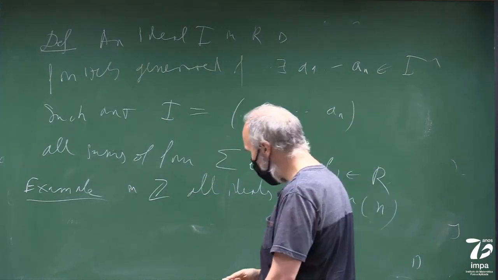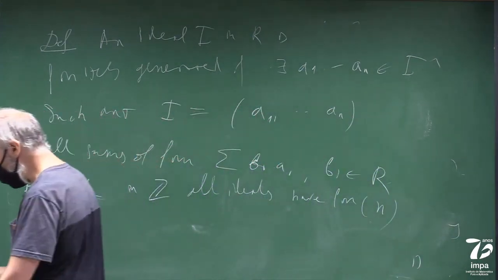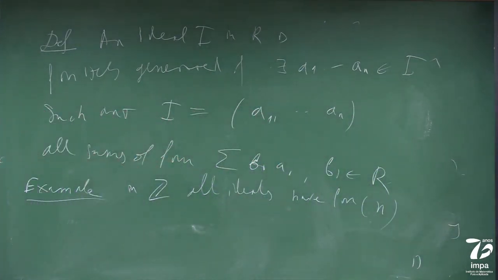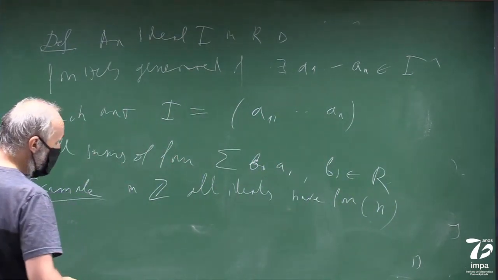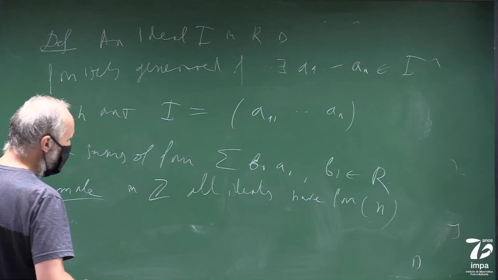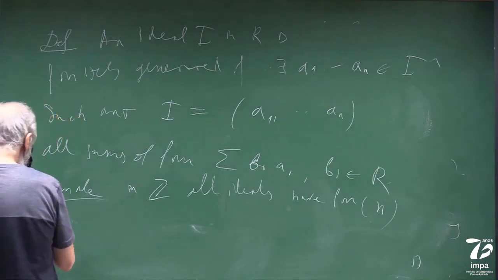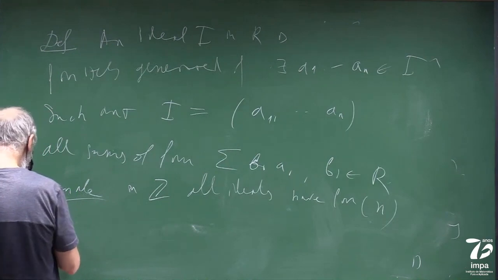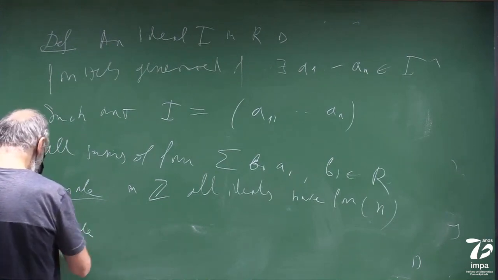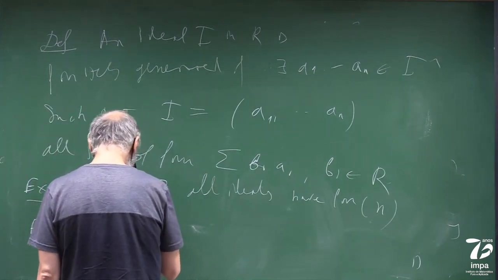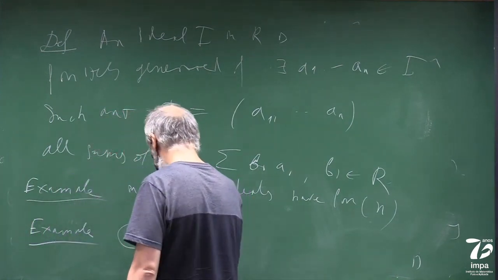I mean, Z is a principal ideal ring, so all ideals are generated by just one element. So it's finitely generated. And as an example of something which is not finitely generated, you take smooth functions on a line.